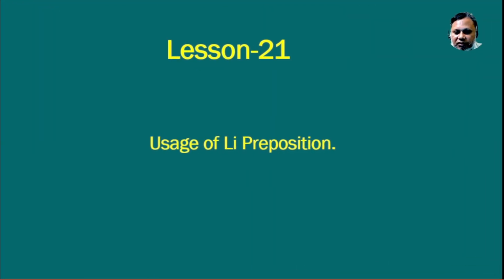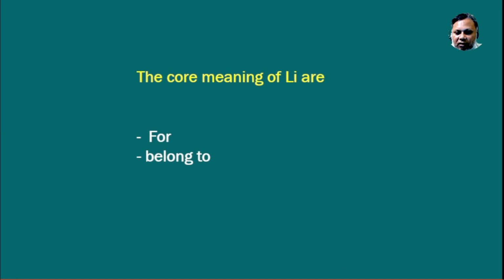In this lesson we will discuss the important Arabic harf, particle li. Li in English is a type of preposition. The core meaning of li is "for" or "belong to."